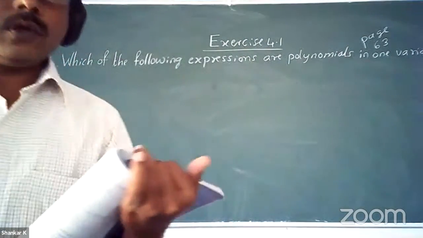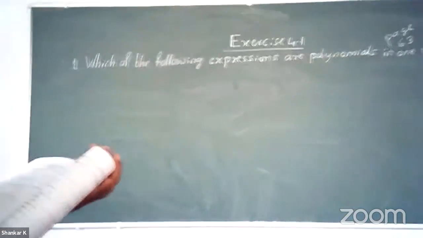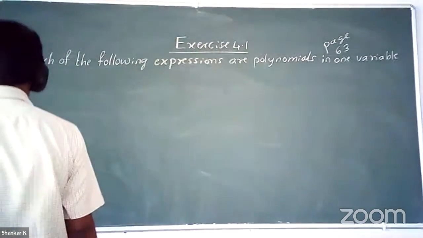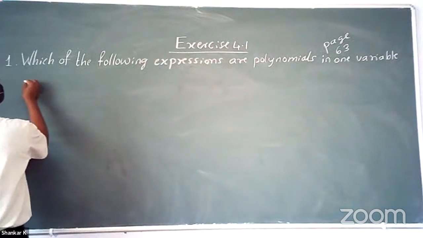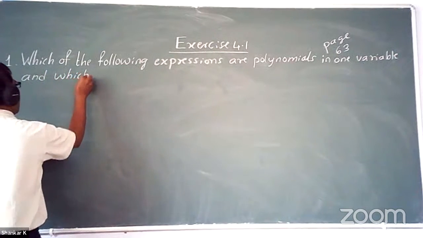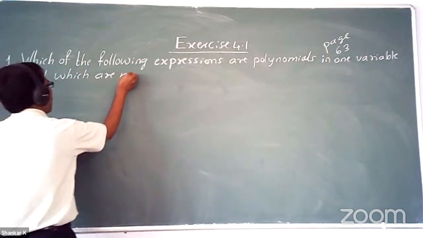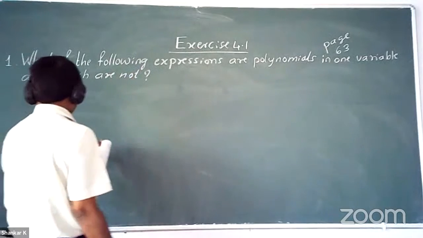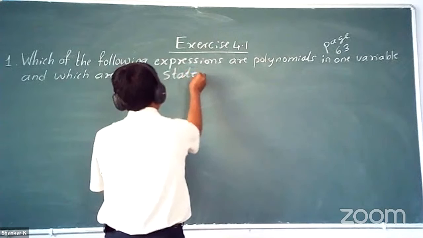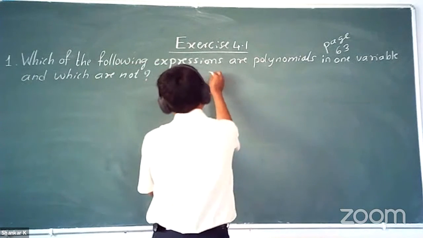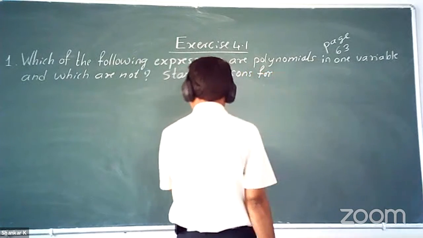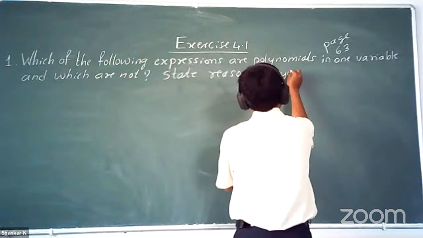Which of the following polynomials are in one variable, and which are not? State reasons for your answer.